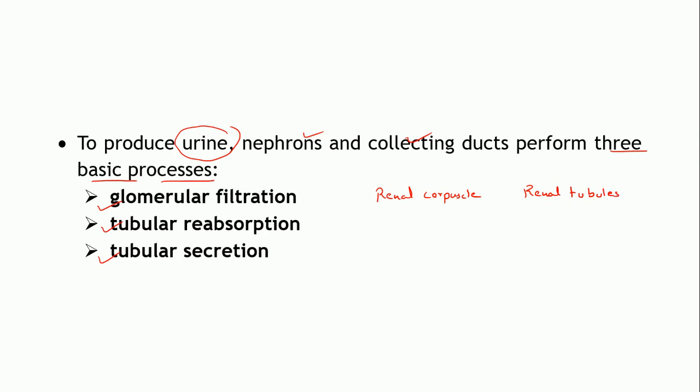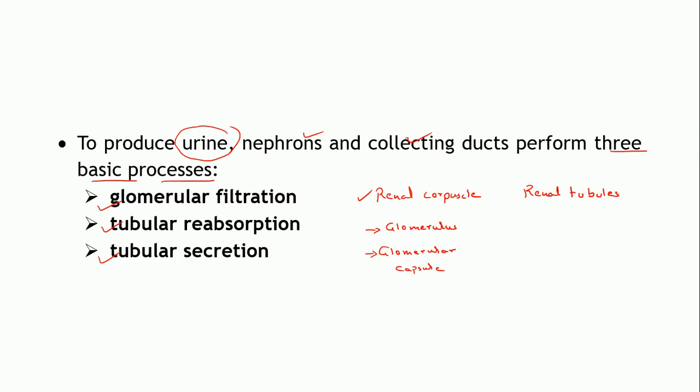Correct? So renal corpuscle, it comprises of the glomerulus, that is a network of capillary, and the glomerular capsule, or it is also known as Bowman's capsule. So these are the two parts of the renal corpuscle.